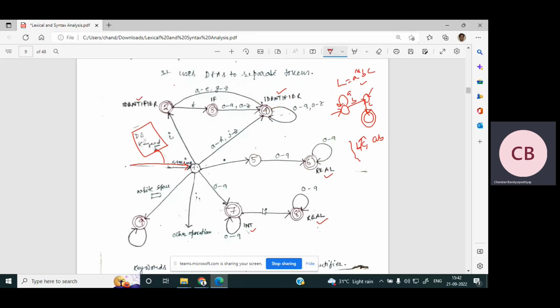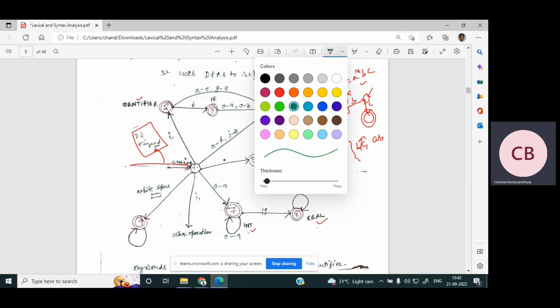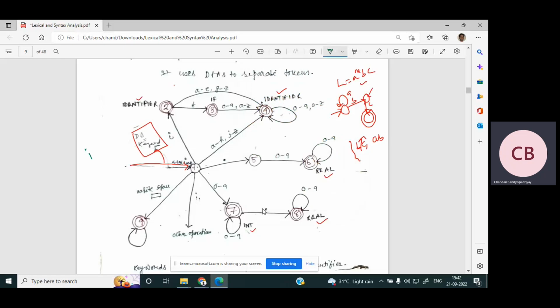Let us see some examples, then it will be clearer what happens here. I am writing int a semicolon. This first token, this second token, this third token: we are telling these are tokens, but the specification or declaration of the token should be done by the finite state machine.